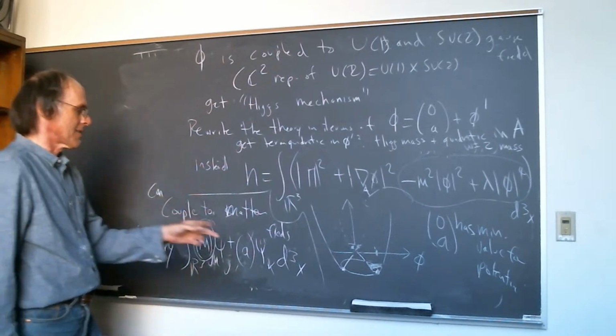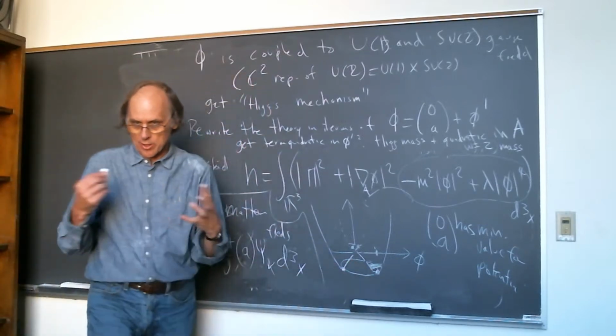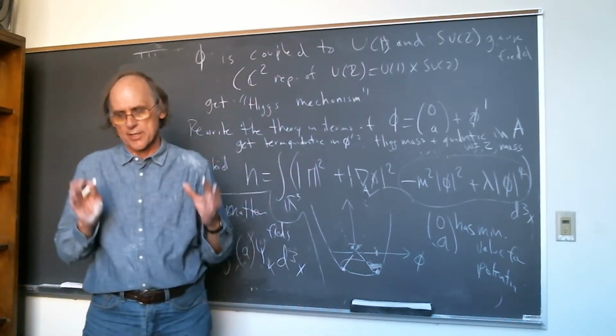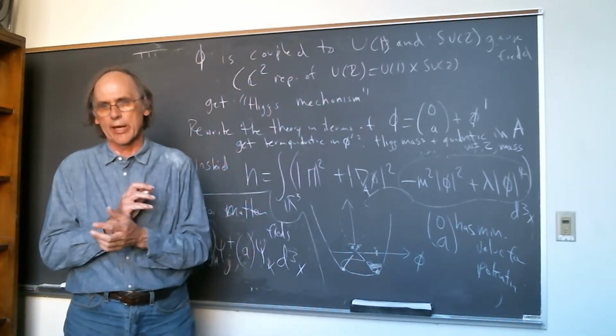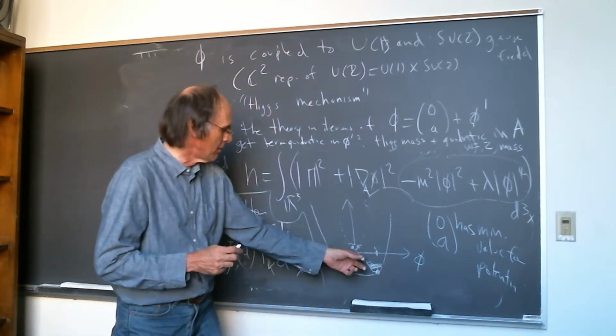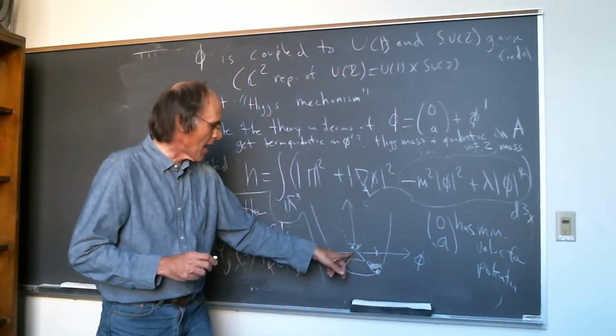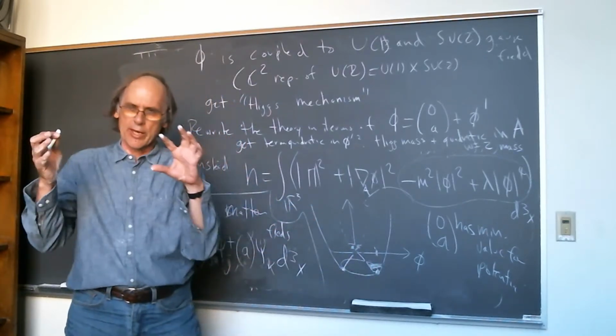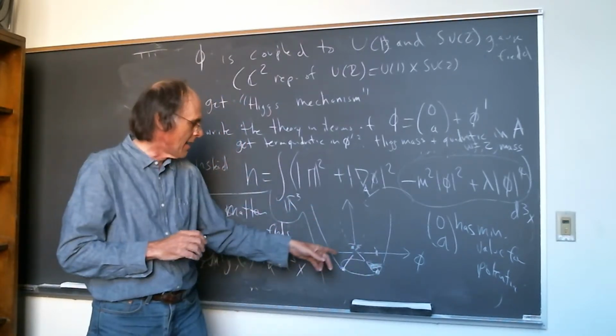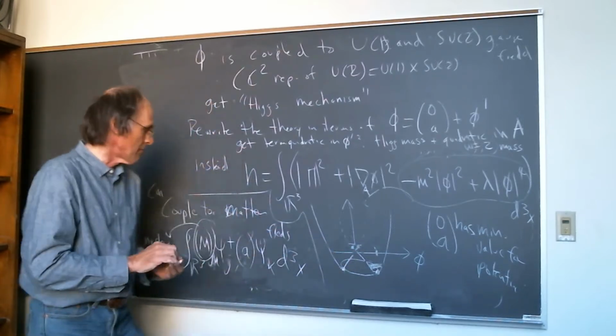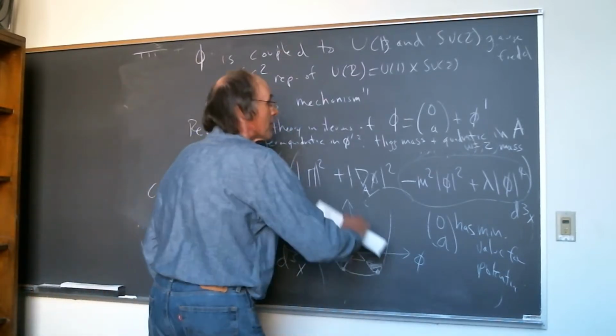That sets an overall scale, and it's often called the scale of electroweak symmetry breaking. Anyway, so what's happening now, if you look at how SU2 acts on the theory, maybe there's just one last thing to say about this.